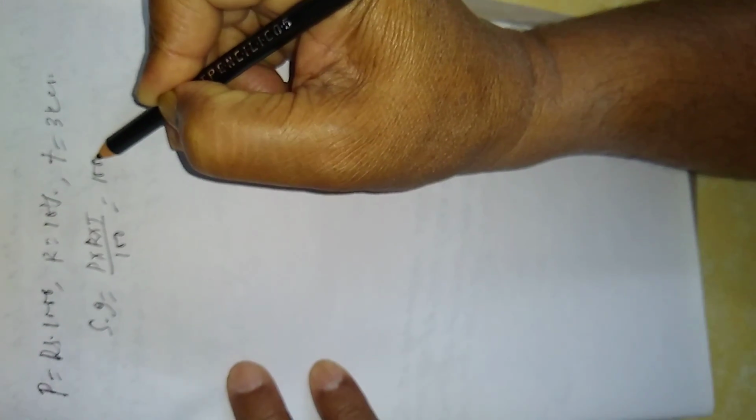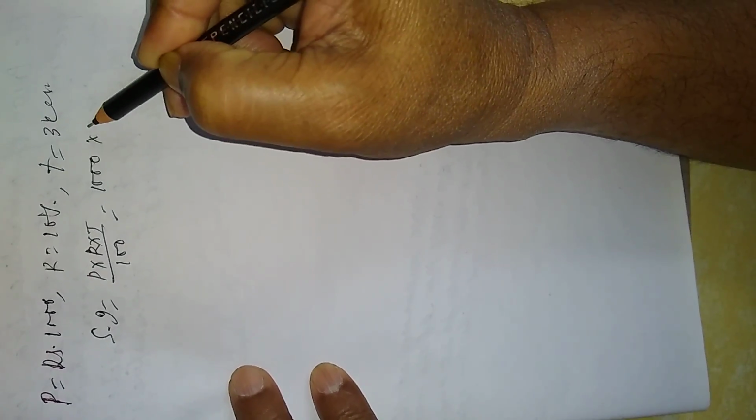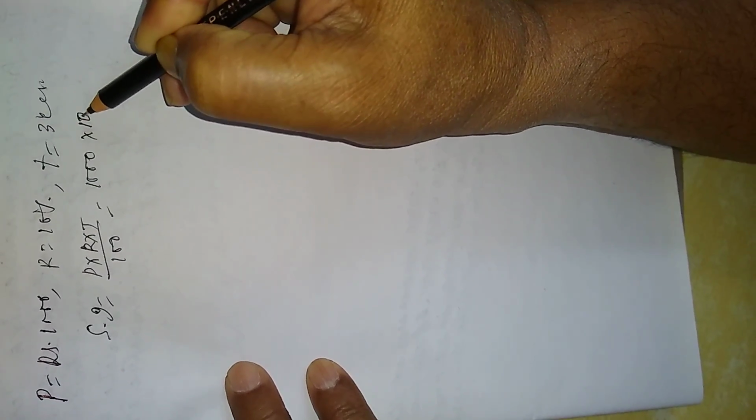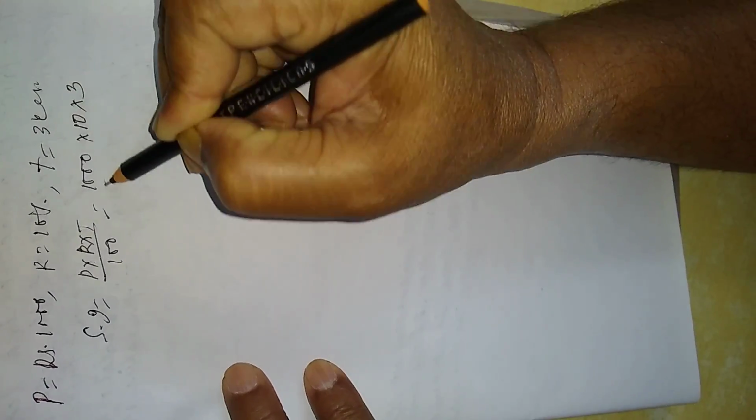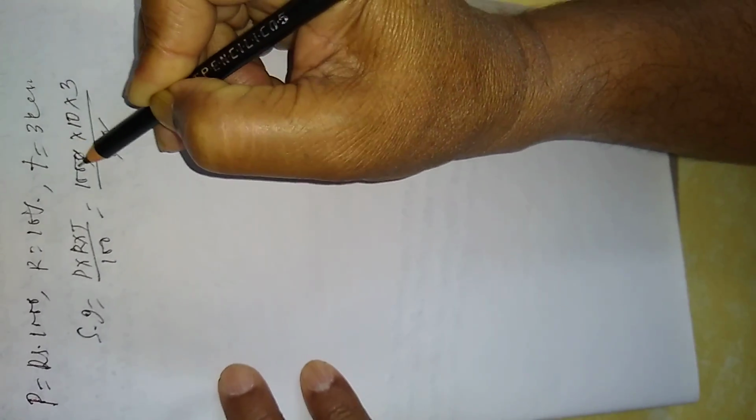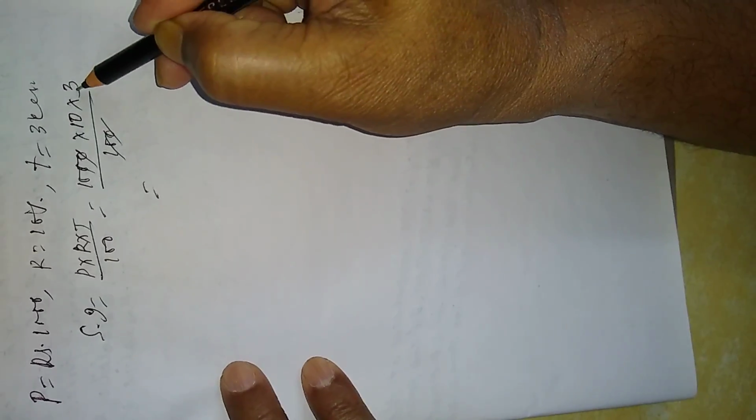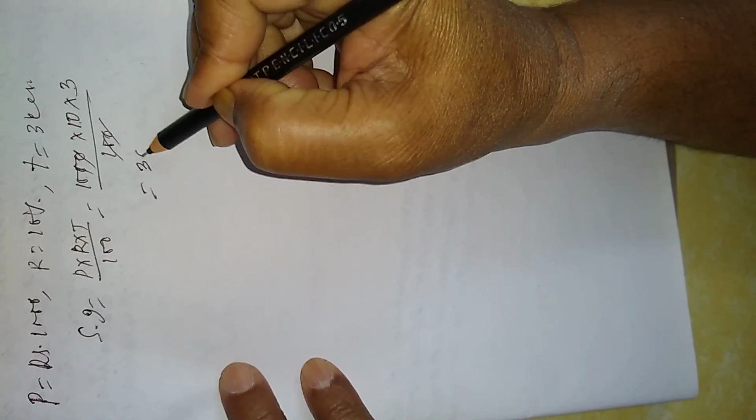That is 1000 into rate 10, time 3, by 100. So it is 3 into 10 into 10, that is 300.